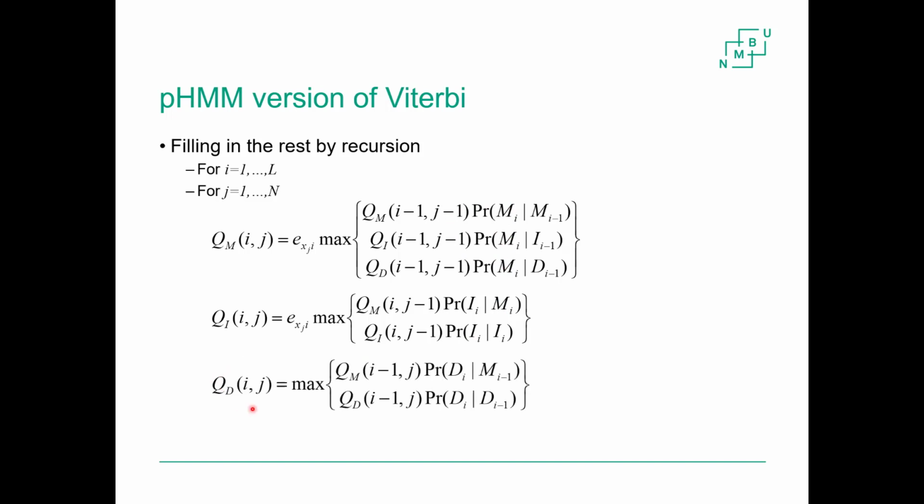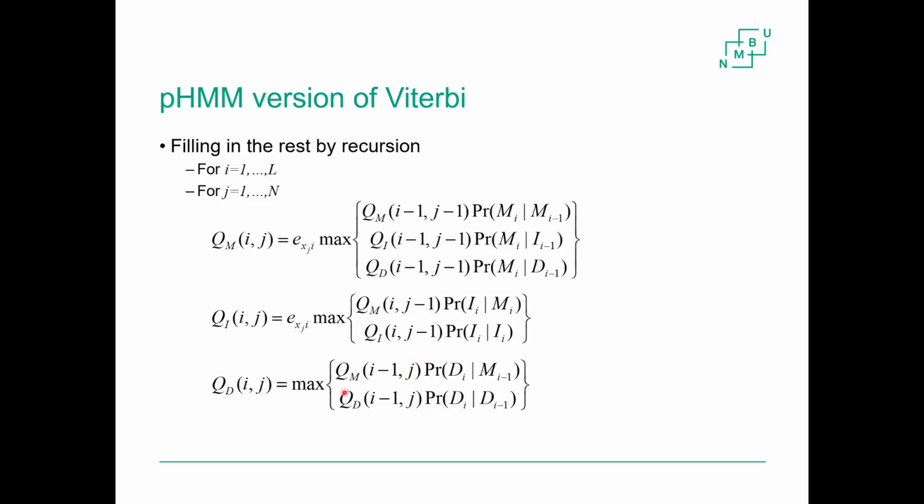And of course, the last one here is the same for the QD then. And again, there are only 2 ways of going into a delete state, either from the previous delete state or from the previous match state, never from an insert state. And notice there is no emission probability here because it doesn't emit anything, right? It doesn't emit. So that's why it stays in the same column.